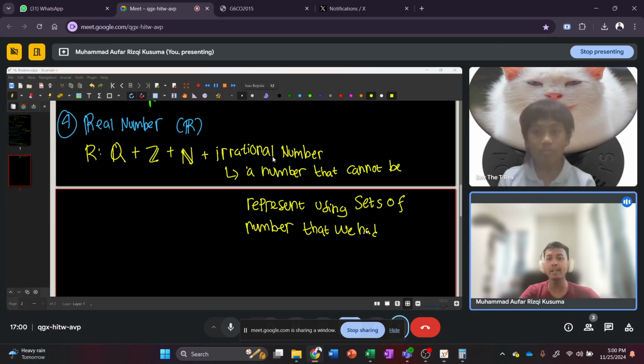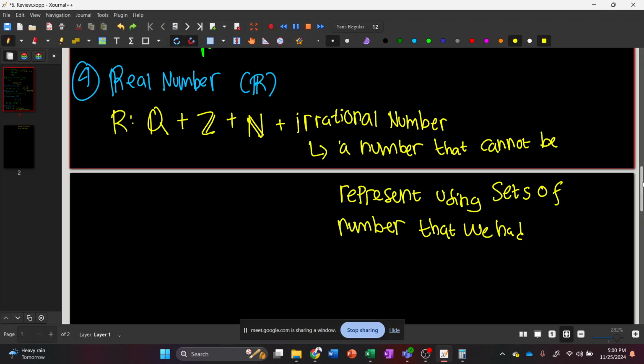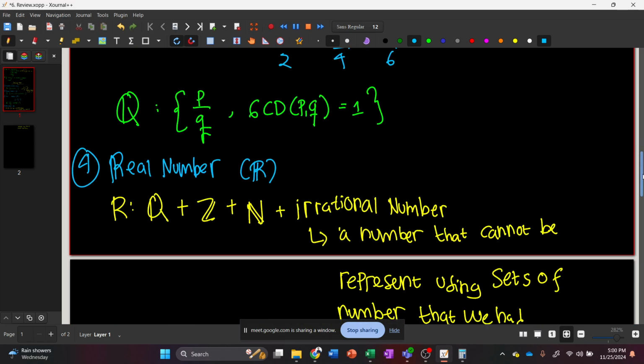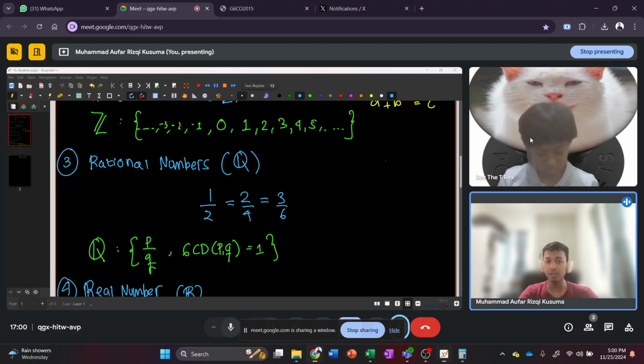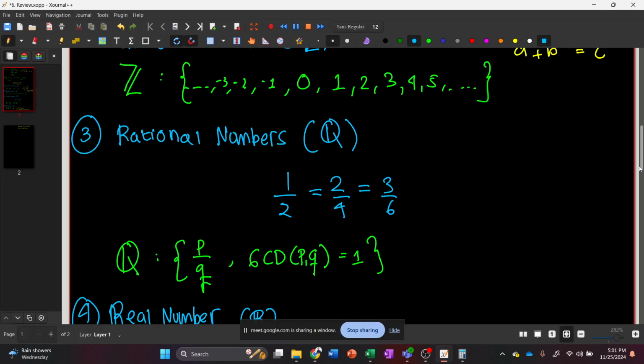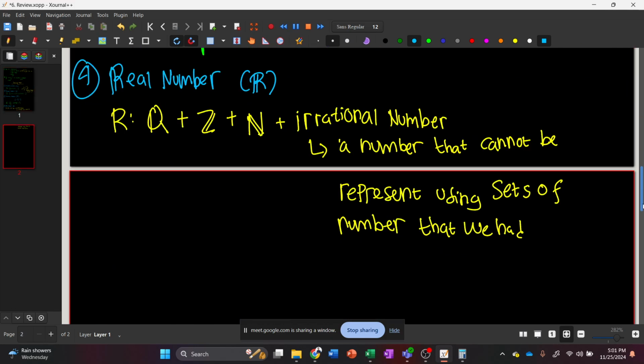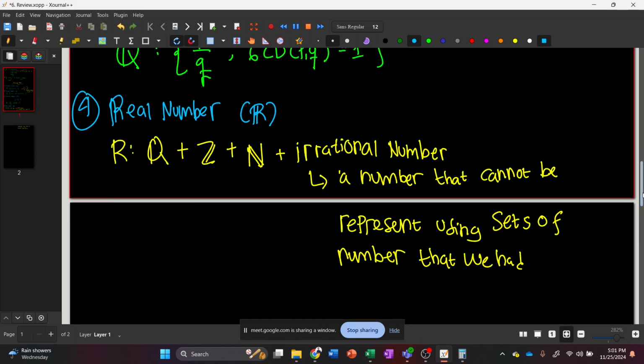Previously we had Q, the rational numbers, that's the term I was trying to find. We cannot represent it with a rational number. You cannot represent pi with rational numbers, nor with integers, nor with the natural numbers. So it's quite a mystery.